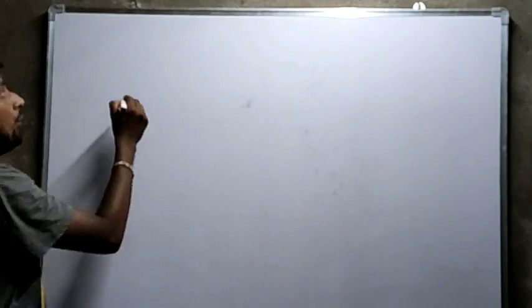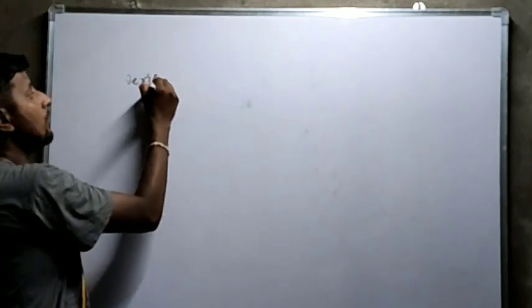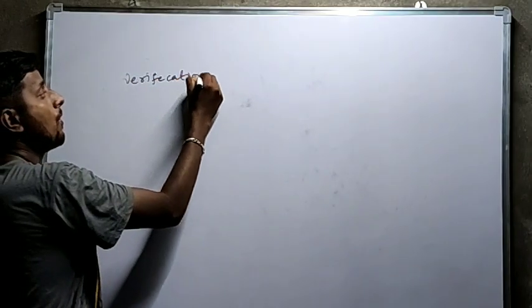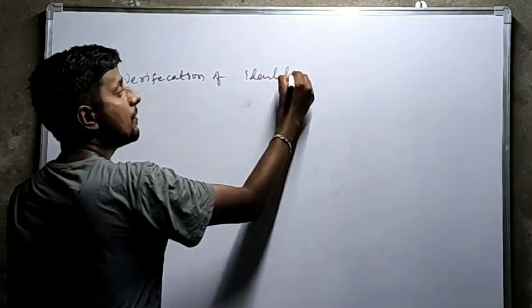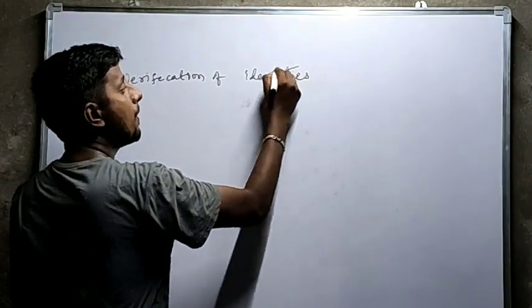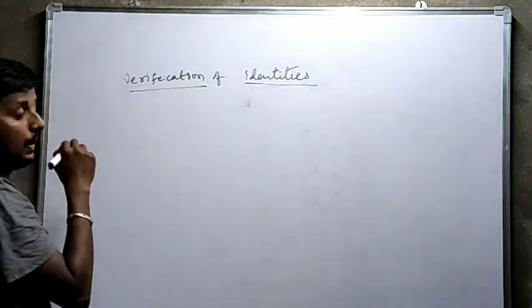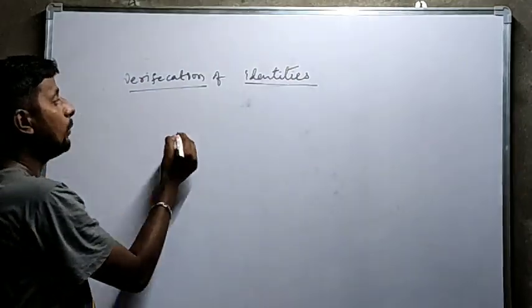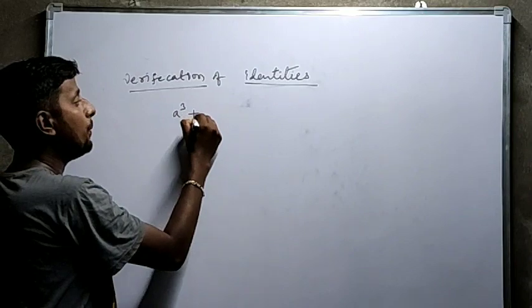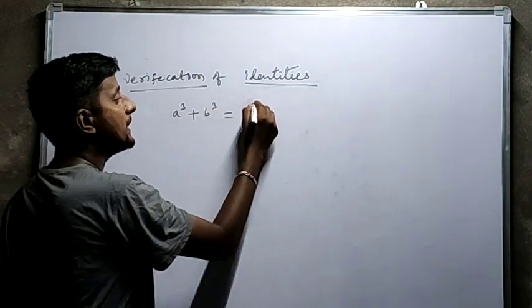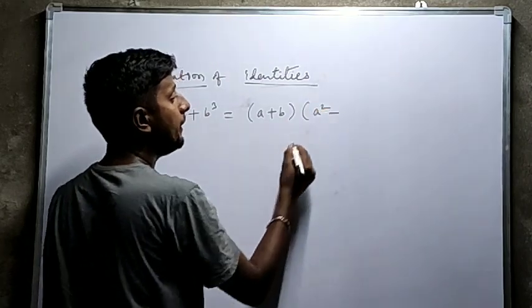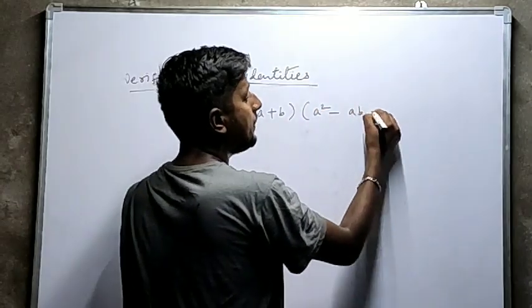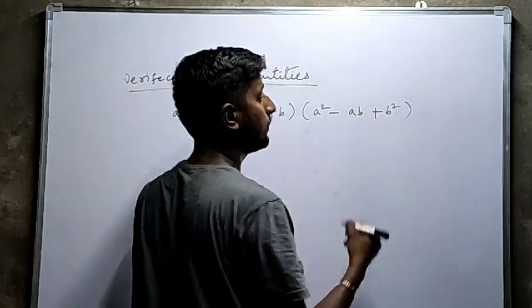Now verification of identities. What formula will we take? I'll take one of the formulas, that is a cube plus b cube is equal to a plus b into a square minus ab plus b square.